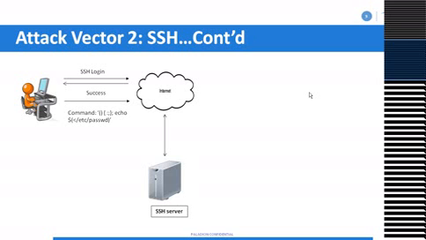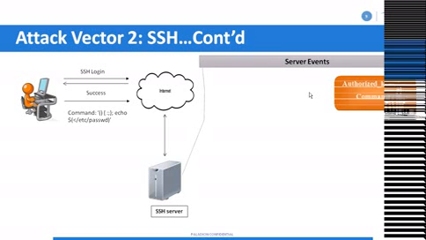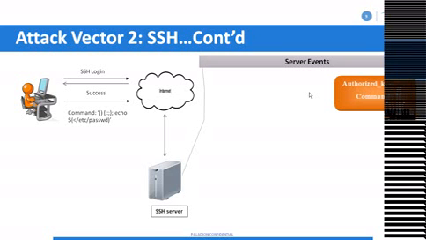Once this command reaches the SSH server, these events take place. If your SSH server is configured to force certain commands for the end user, meaning before the end user command is executed, your SSH server can be configured to execute some number of commands before the actual user command is executed.